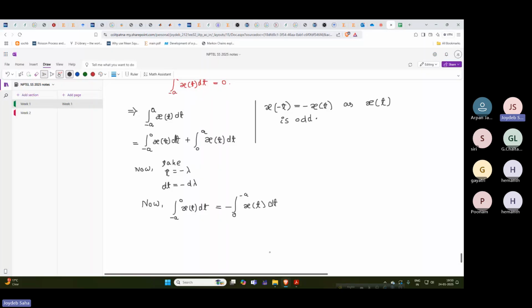Now replace t with lambda here. What will we get?